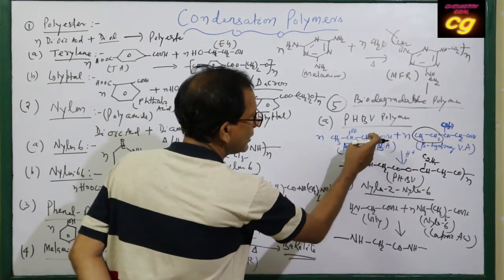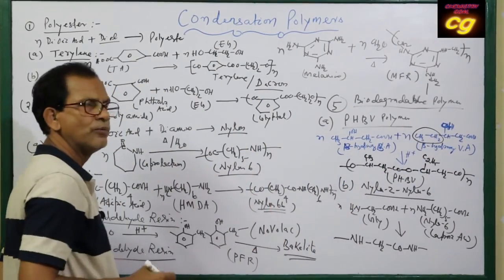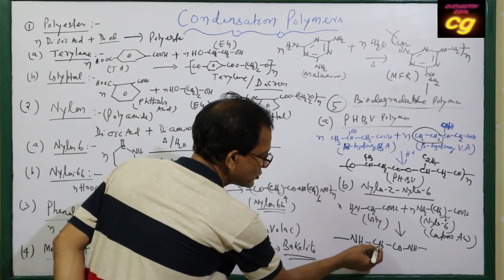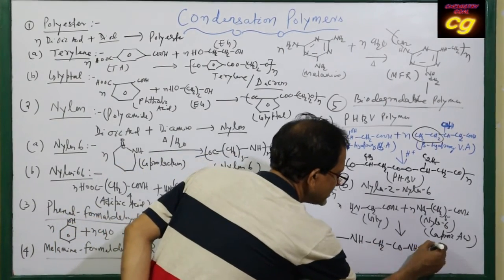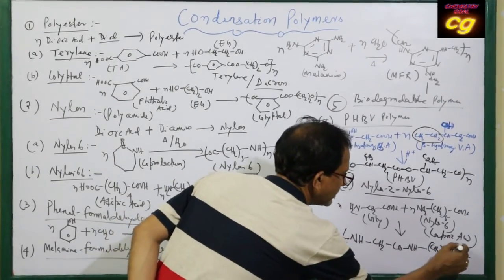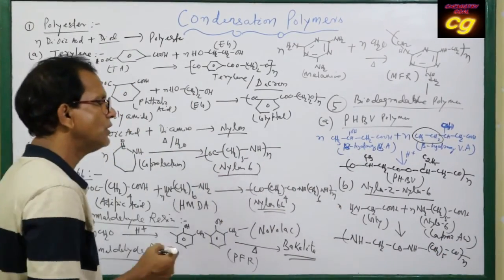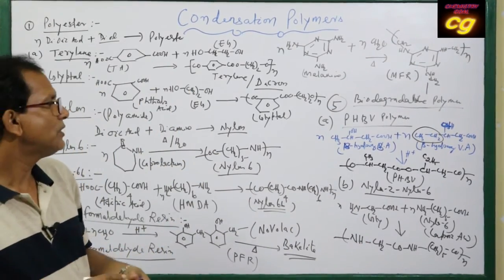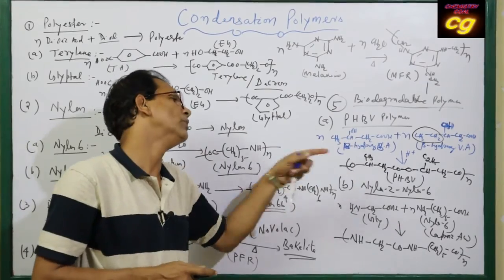Previously, when alcohol group and acid group combined, forming water molecule and forming ester. So NH, CH2, CO, NH, then CH2 whole 5, then CO, so whole bracket n. So this is called your nylon 2 and nylon 6. These are two examples of biodegradable polymer.